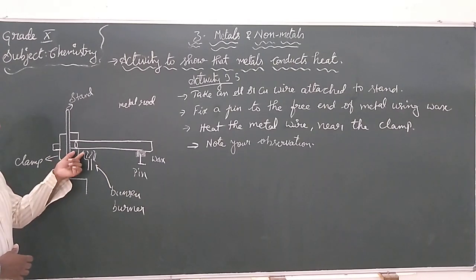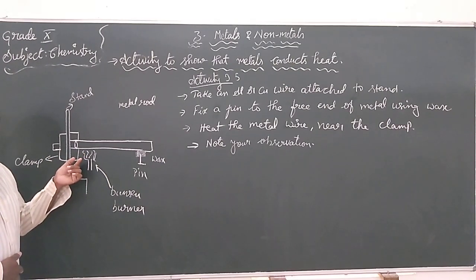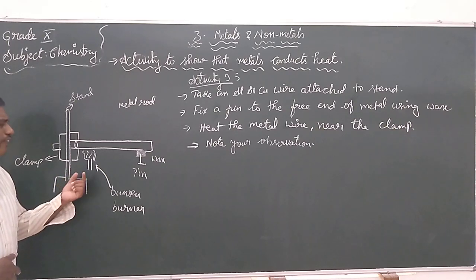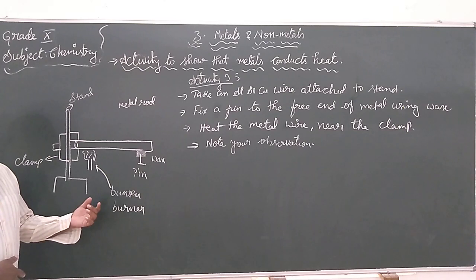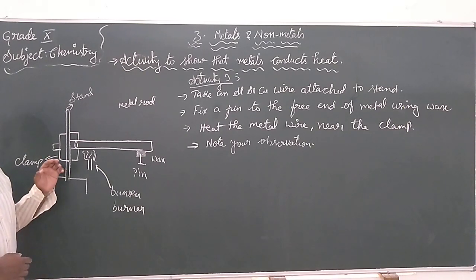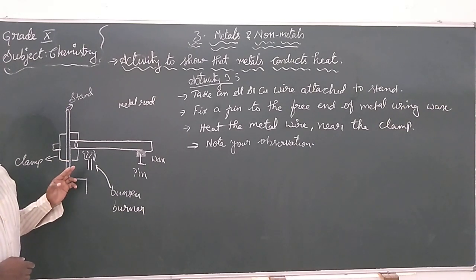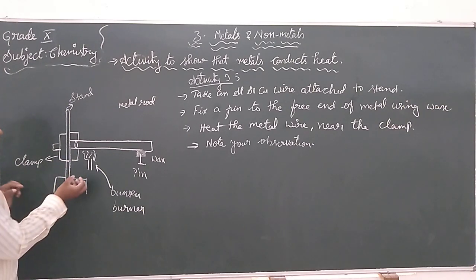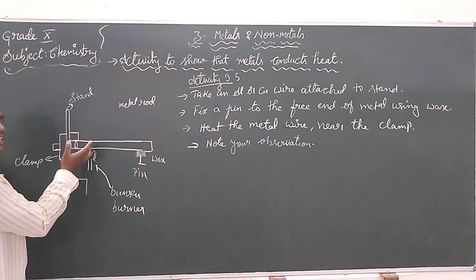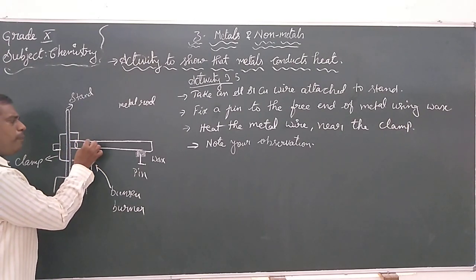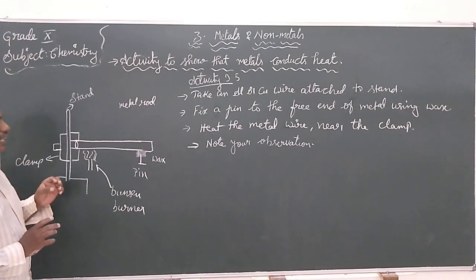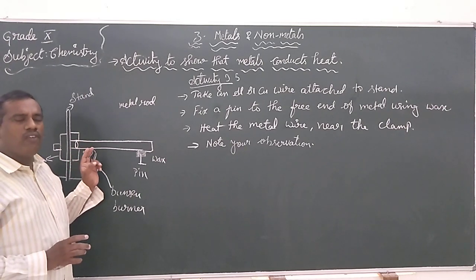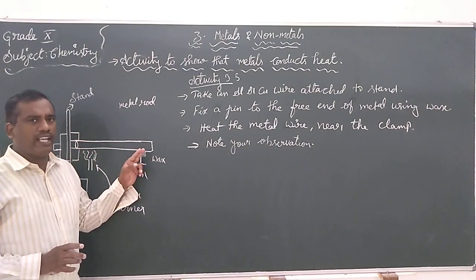Whenever we start heating this metal rod with a spirit lamp or a Bunsen burner, the heat that we produce here will be passed along the metal wire.